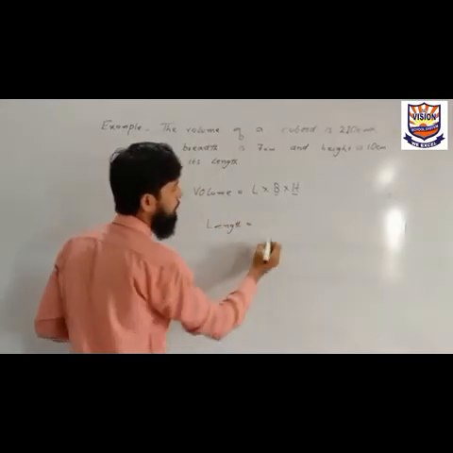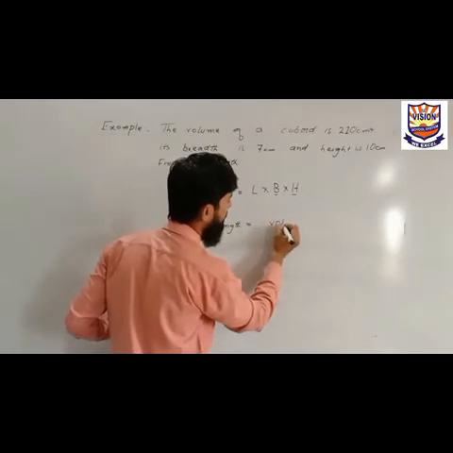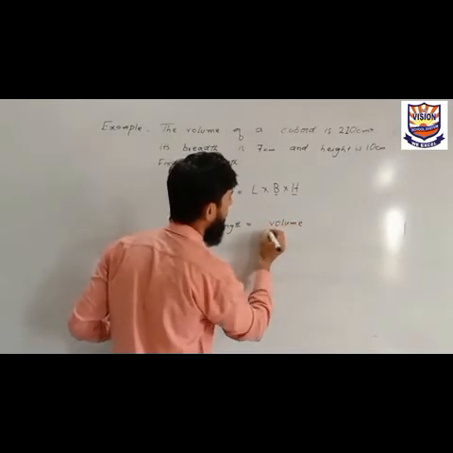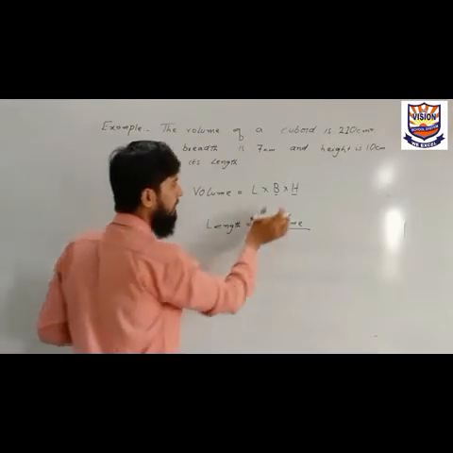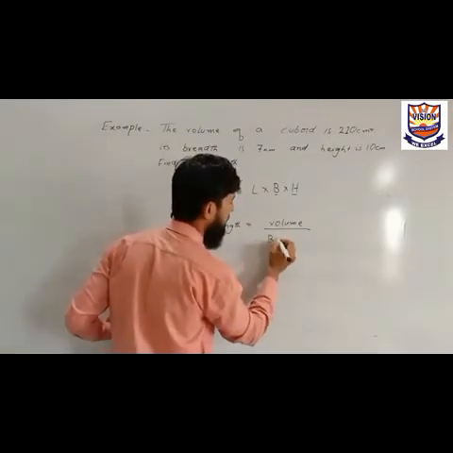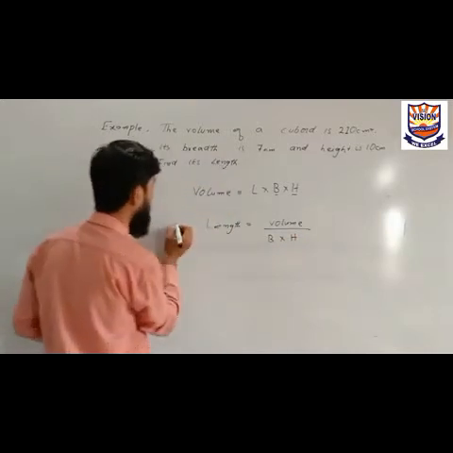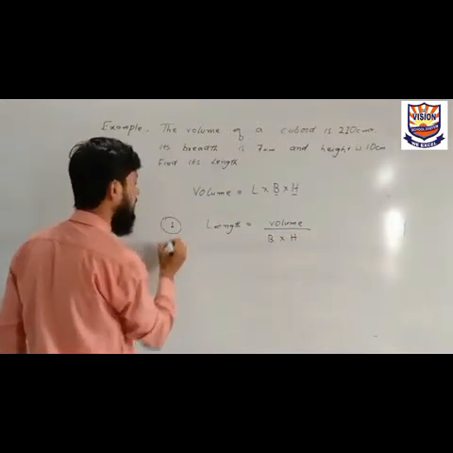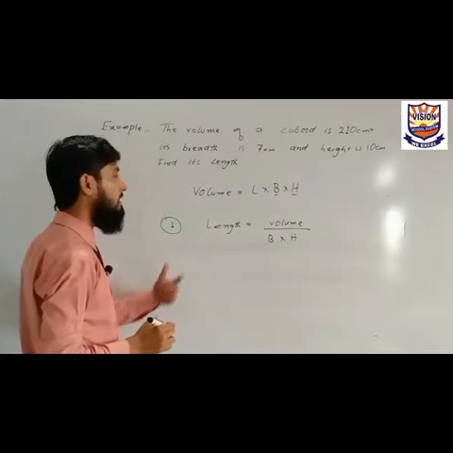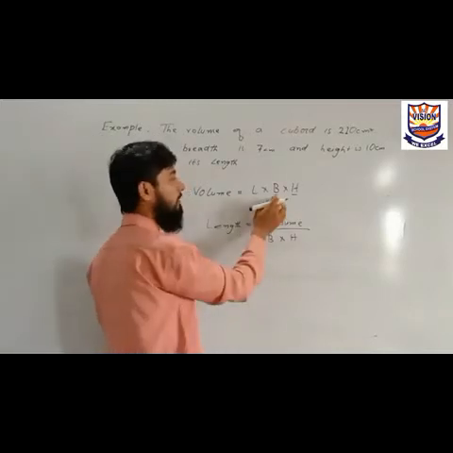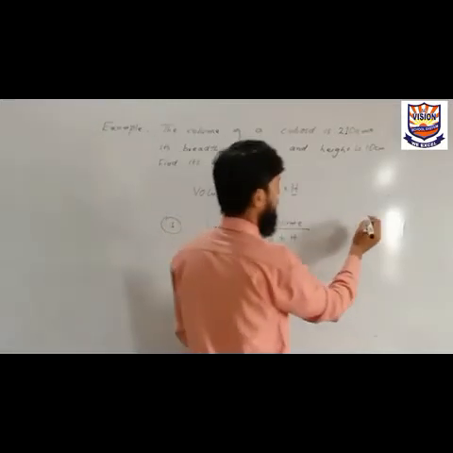The formula will become length is equal to volume divided by breadth into height. So with the help of this formula, we can find the length. Similarly, we can rearrange the formula to find the breadth and height.